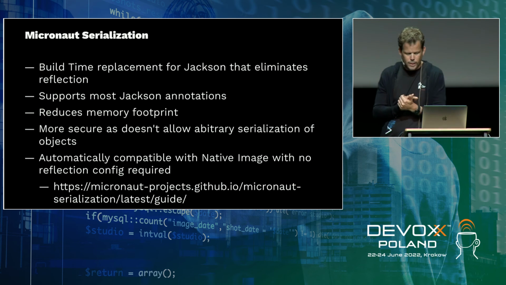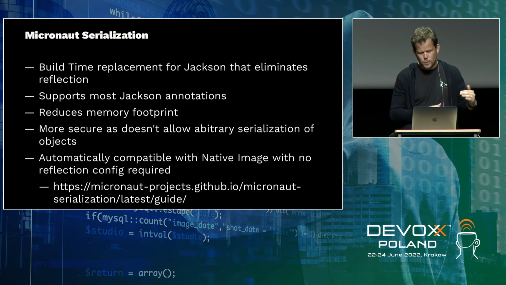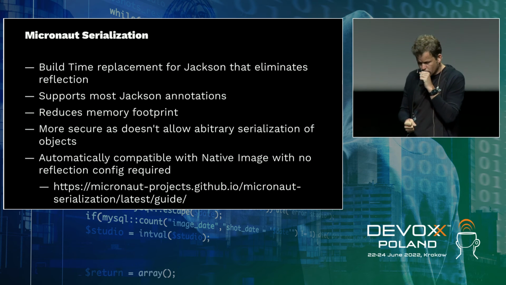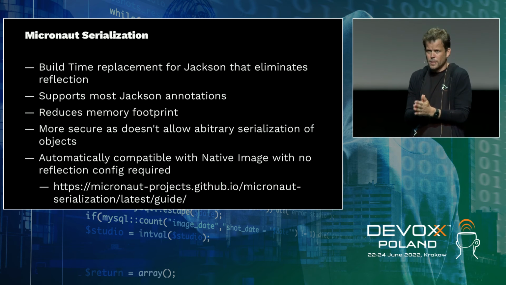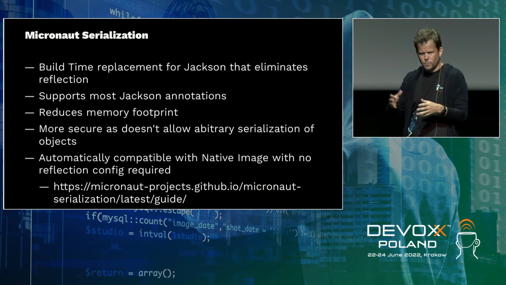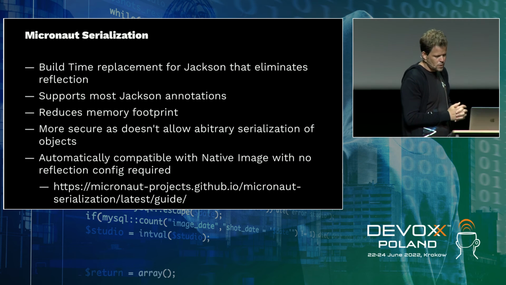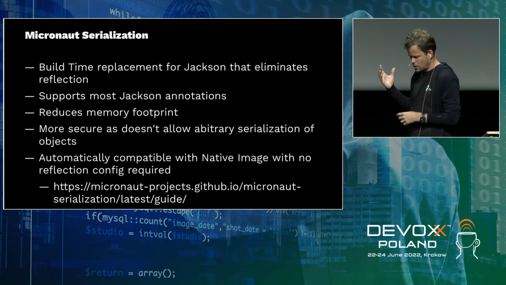Essentially, it's a build time replacement for Jackson that eliminates reflection altogether. It reduces memory footprint as well, because we don't have all the runtime reflection requirements of Jackson. It also reduces the size of your Micronaut native image and the size of your jar file. I think Micronaut serialization is like 400 kilobytes, and Jackson is like 2.4 megabytes or something like that. It doesn't allow arbitrary serialization of objects, so it's more secure.